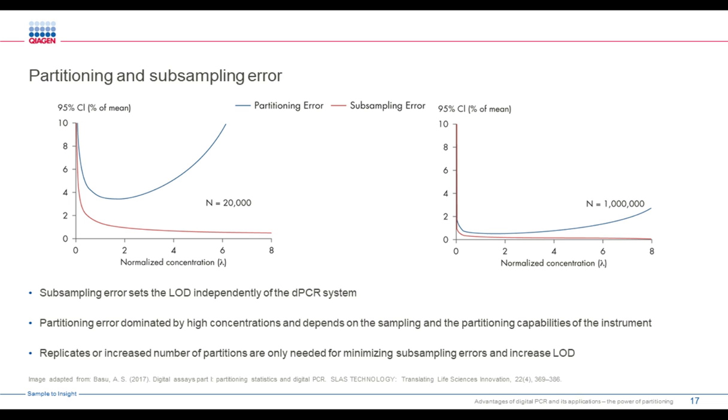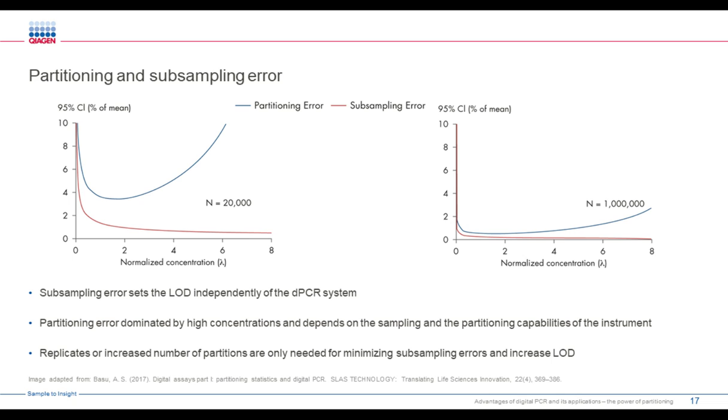So as you can see here, the more DNA we put in, the more copies per partition we have, the less subsampling error we have. So that means the more DNA we screen, the lower the limit of detection, the lesser subsampling error we get.